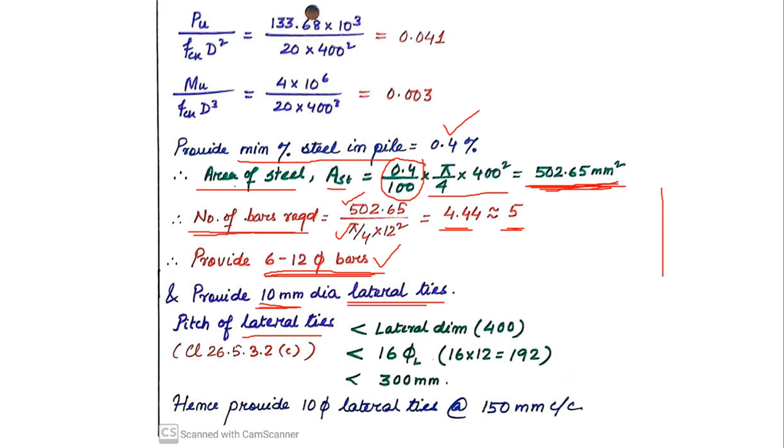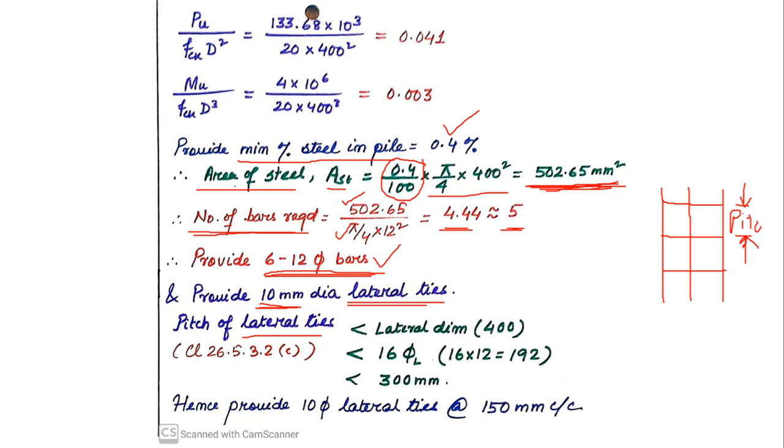Suppose these are my longitudinal bars of 12 mm, and then I have got the lateral ties. These are the tie bars which will hold the longitudinal bars together. The vertical distance between two lateral tie bars is known as pitch. So this distance is the pitch.